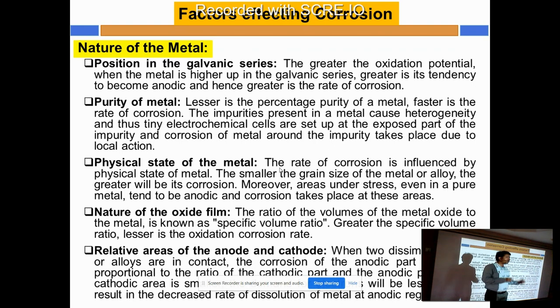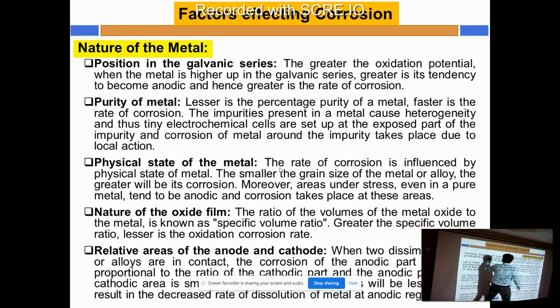What we have come to know from the table is that the metals above in the series act as anodes and are very active. The metals below in the series act as cathodes or are inert. So the metal tending to move up, what will happen?